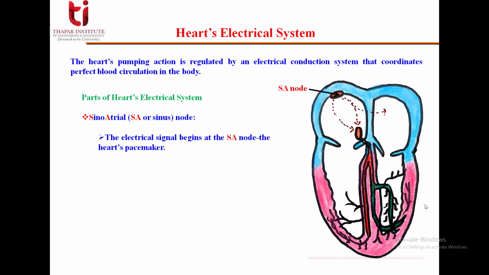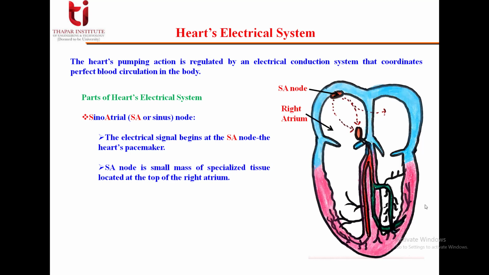The electrical signal begins at this node, the SA node. This is also known as the heart's pacemaker, and it is a small mass of specialized tissue which is located, you can see in the diagram, at the top of the right atrium.